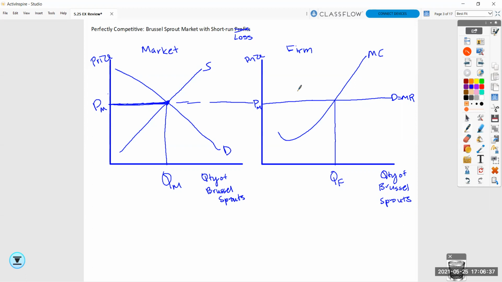So I have my profit maximizing quantity, and they want me to have a loss. So what that means, and I use reference points. If I have a loss, that means that my price is going to be less than my ATC at QF. So I'm going to go up from the quantity, and I'm just going to put a reference point there.